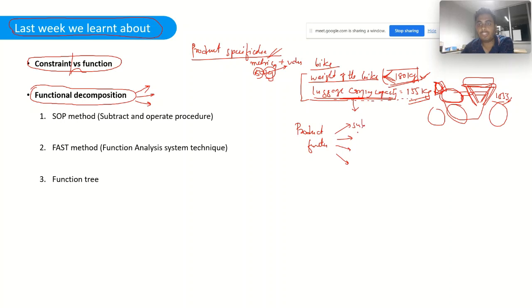So basically we are decomposing into sub functions, and again, sub functions can have further sub functions. This process of breaking down higher level functions into smaller functions, sub functions, is known as functional decomposition. For example, I discussed last time the functional decomposition of a mixie grinder.